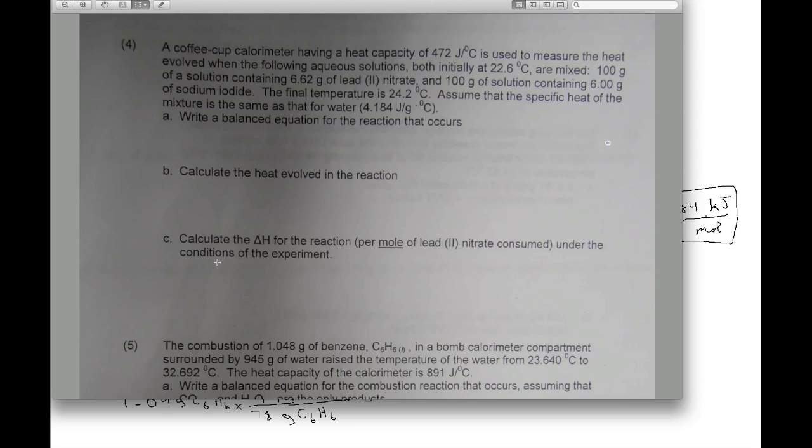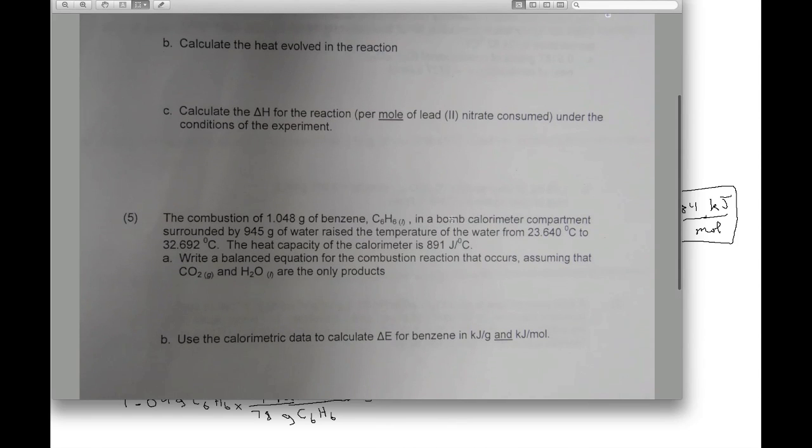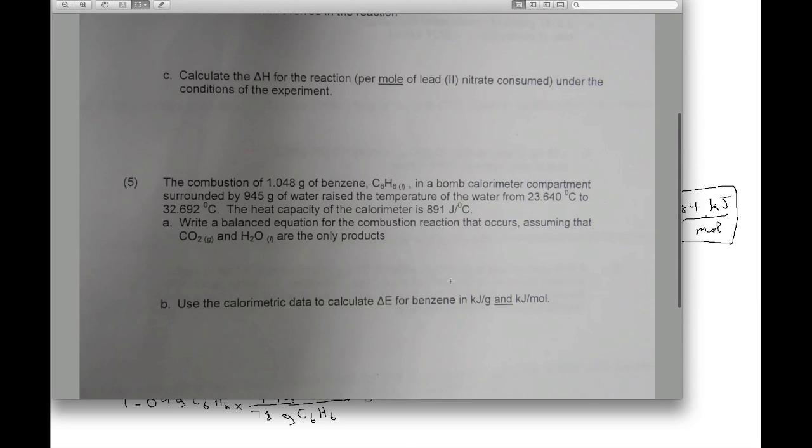So the heat is the enthalpy change, because that's the heat at constant pressure. But here we were using a bomb calorimeter. Bomb calorimeters have constant volume, not constant pressure. So it made sense that they didn't ask us for delta H. We can't figure out delta H directly here. All we know is just the energy change. That doesn't really make much difference to how you solve this. In both cases, you just had to use the heat.